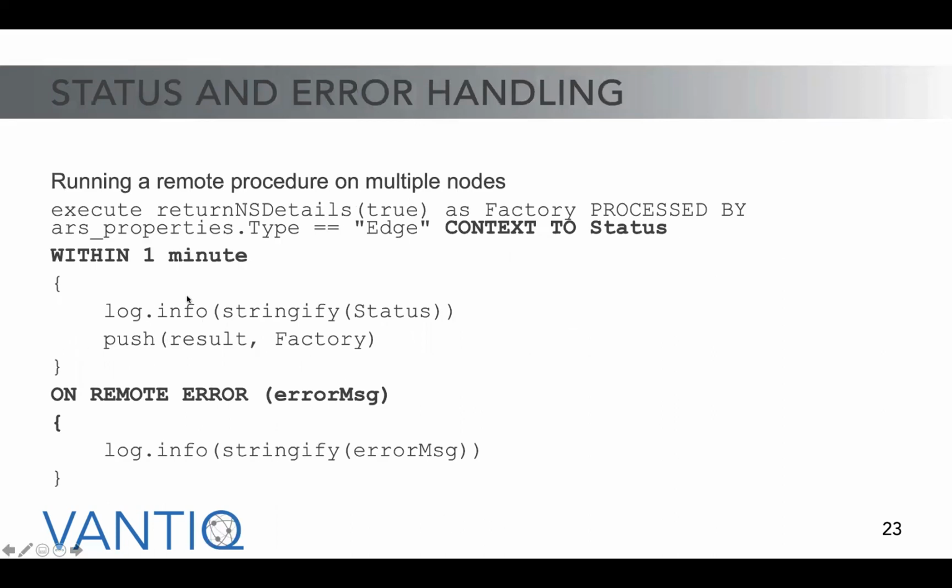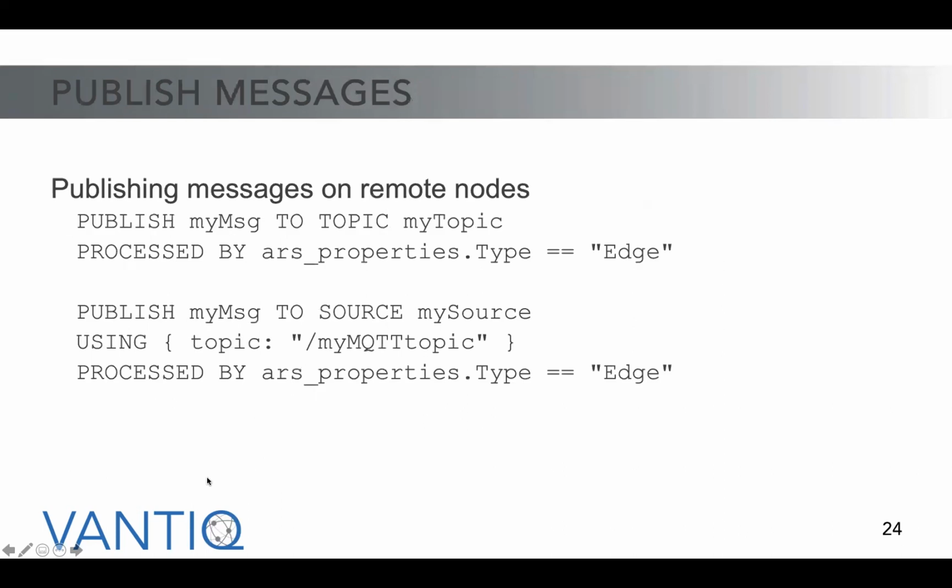You may have the timing, so context to status within 1 minute, or on remote error. If within a minute, then you do this. If there's an error, then you log the error. You may publish the messages on remote nodes. You can publish the messages on remote sources.